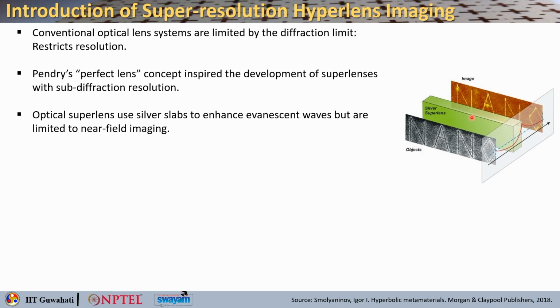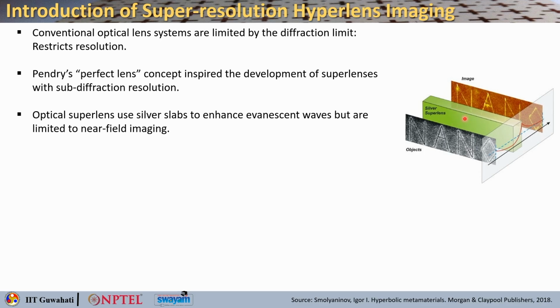In contrast, the current optical microscopes can only resolve objects down to around 400 nanometer. Here it was possible to detect objects which are just 40 nanometer or so. That was the first true super resolution imaging at optical frequencies using a silver super lens.